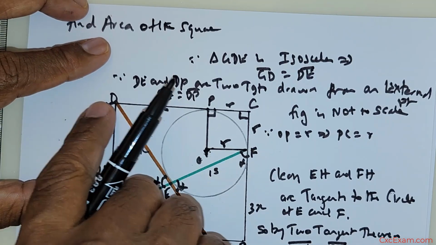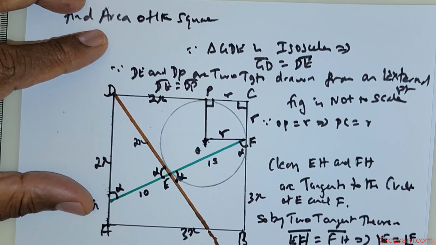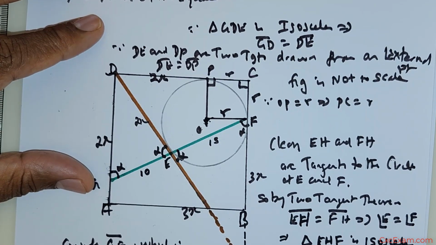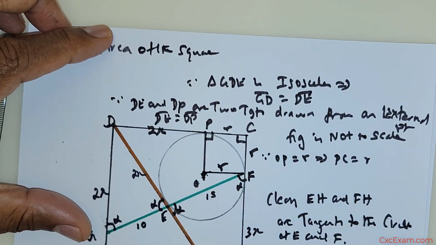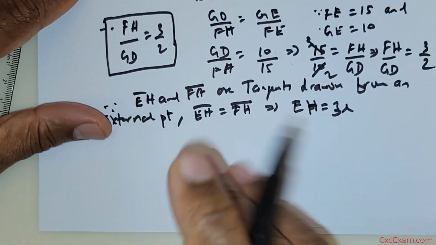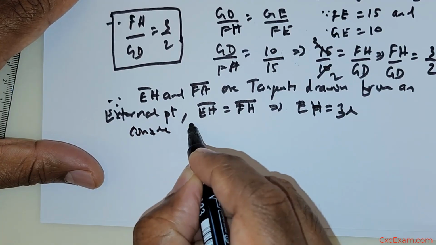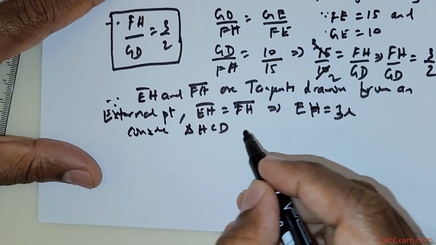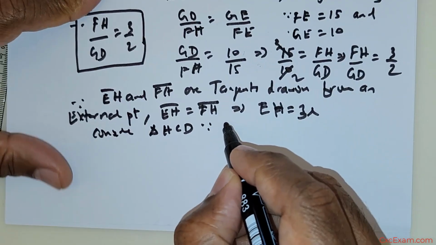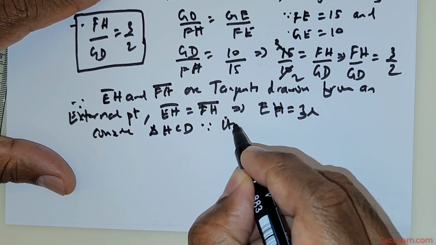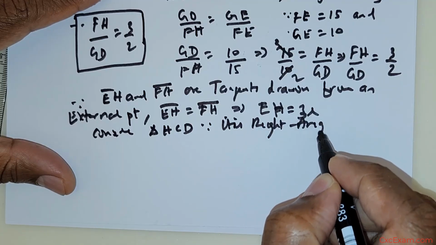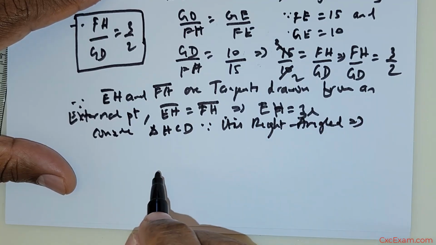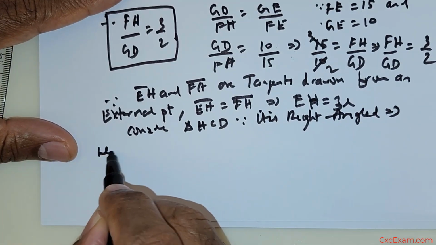So I'm going to consider this entire triangle HCD. Since it is right angled, this means we use Pythagoras.